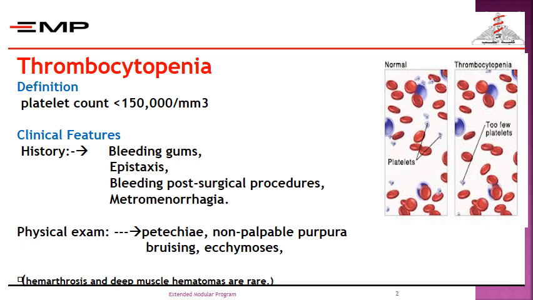On examination, we may find petechiae, non-palpable purpura, bruising, or ecchymosis. Hemarthrosis and deep muscle hematomas are rare in thrombocytopenia. It can happen, but it is rare. It is more common in coagulation disorders, as we are going to discuss later.